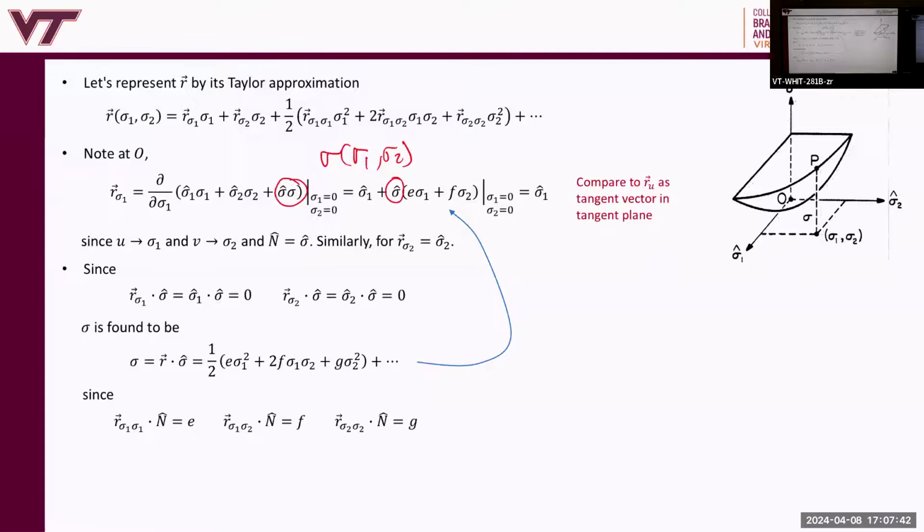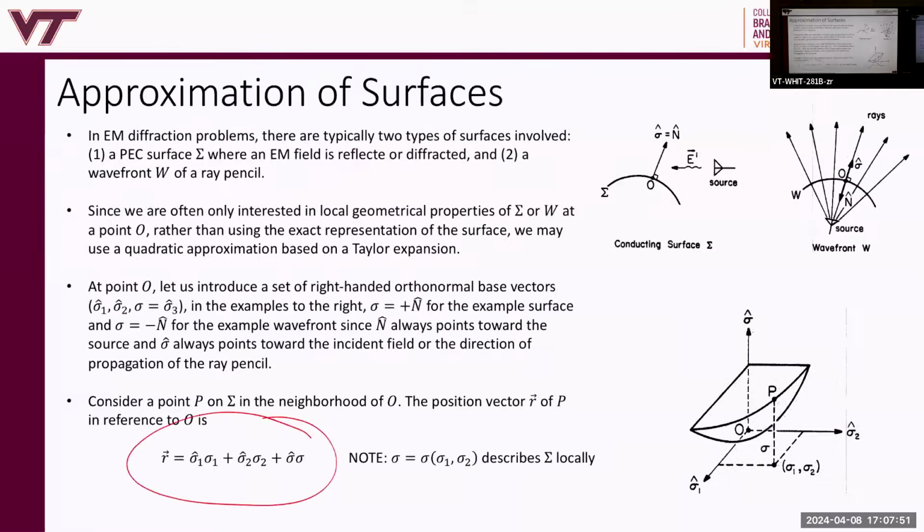And if we look down here, we can find what that sigma is. We take r, and we dot it with sigma hat, right? Because let's go back to this: for any point on the surface locally, any point on this surface locally has this representation in terms of these bases, right? So if I want to find what sigma is, then I just take sigma hat dotted with r.